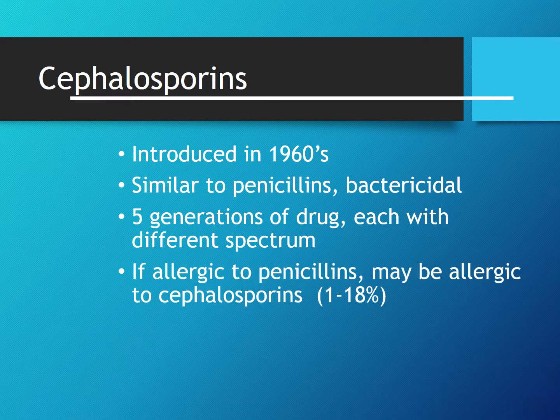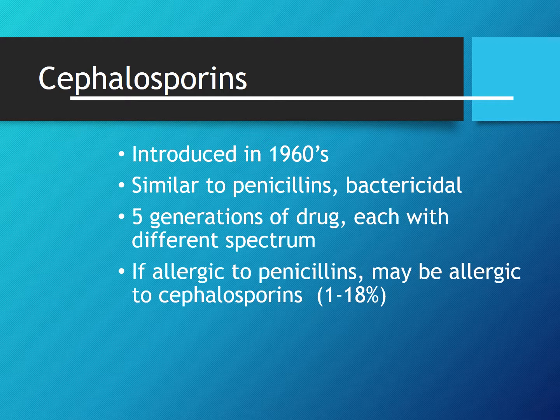If a patient is allergic to penicillins, there's up to about 18% or maybe a little more than that chance that they're also going to be allergic to cephalosporins. So quite often, if someone has an allergy to penicillins, we may see that cephalosporins are not ordered.